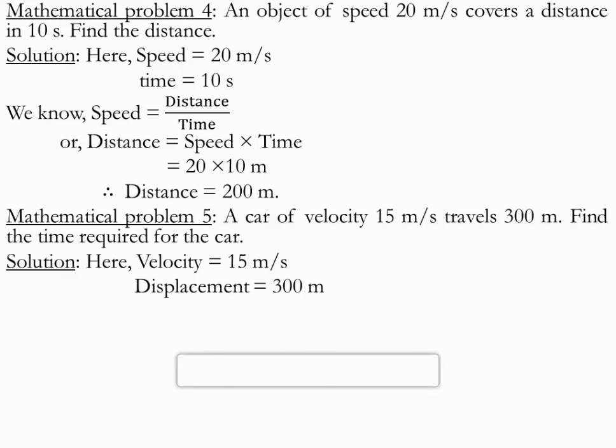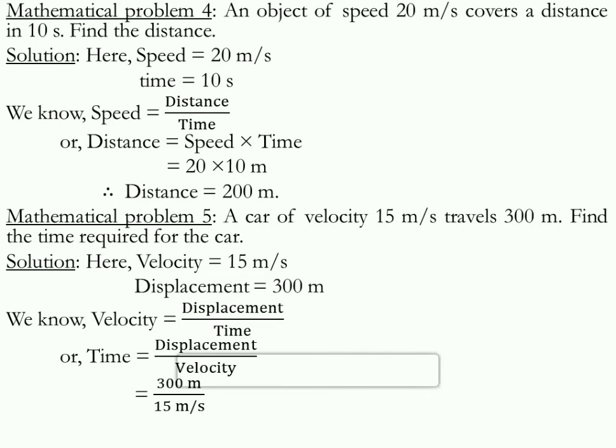So at first just copy what we have in the question, velocity and displacement. Now we have the formula for velocity, that is displacement divided by time, and we have to find out the time, so we can interchange velocity and time.